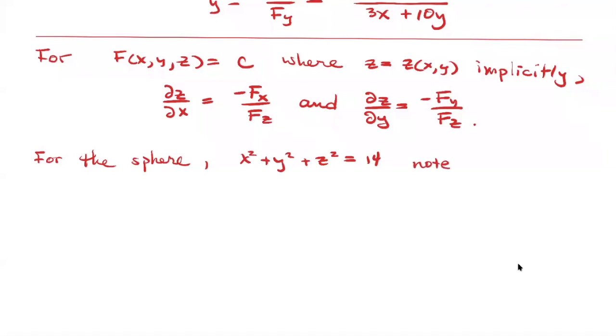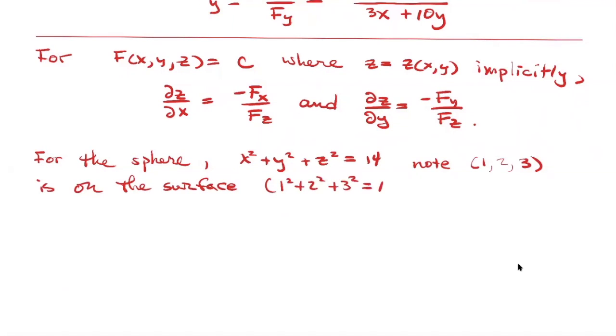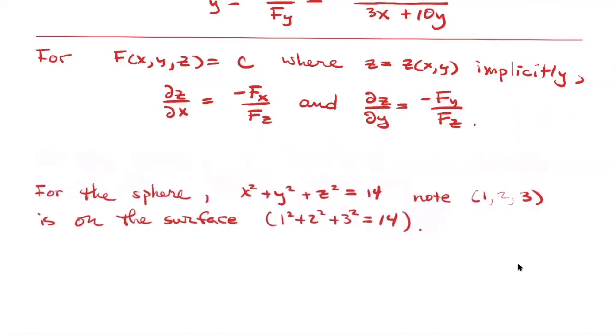Note that 1, 2, 3 is on the surface, which is to say that 1 squared plus 2 squared plus 3 squared is exactly 14. Okay. So my big F of x, y, z is this thing on the left.